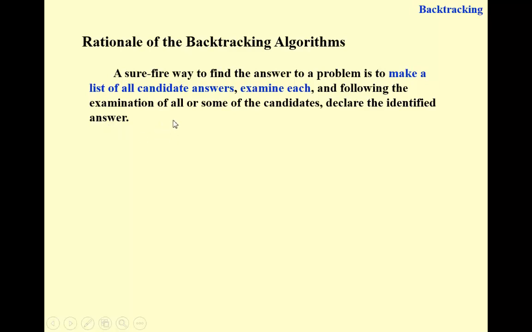That is called the exhaustive search. In Chinese, we say it's 暴力枚举，暴力枚举的算法。If we do so, then we can guarantee that the answer is indeed correct because we have tried out all the possibilities.